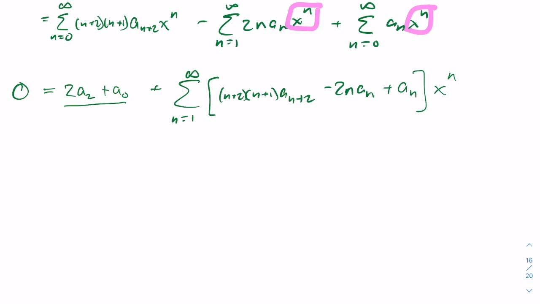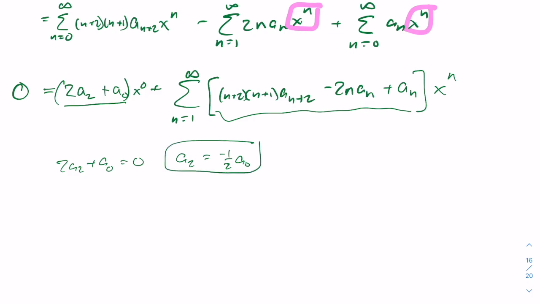But if we look at this, this is actually the x to the 0 term, right? And so this is still a power series. This first term just didn't quite fit the same mold as the second term. So the first thing I get is that 2a2 plus a 0 is equal to 0, which means that a2 is going to be negative 1/2 a 0.